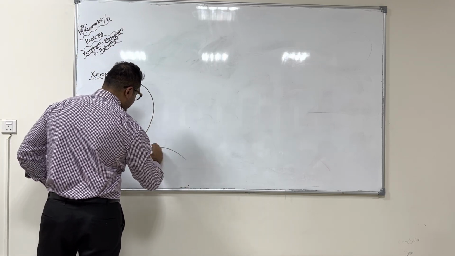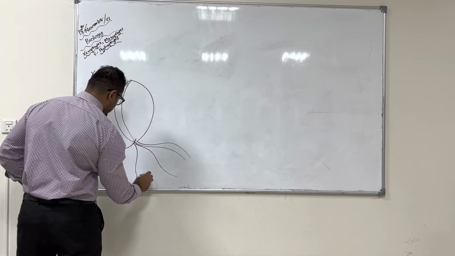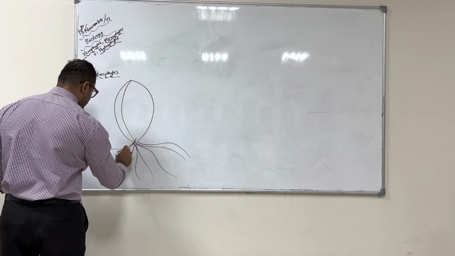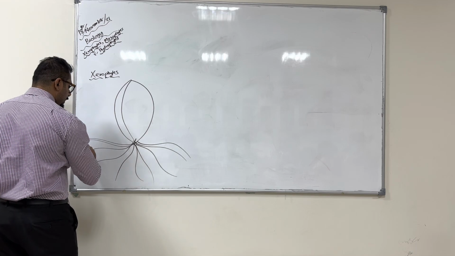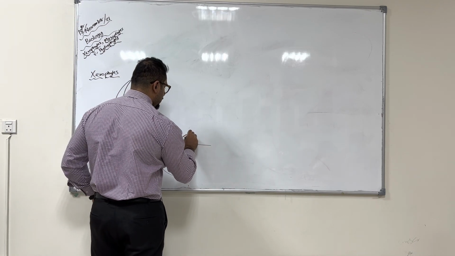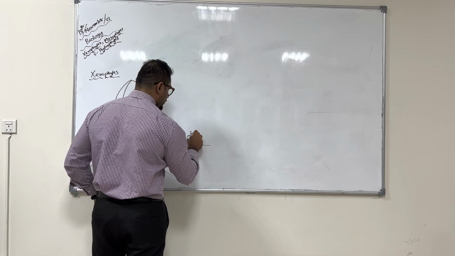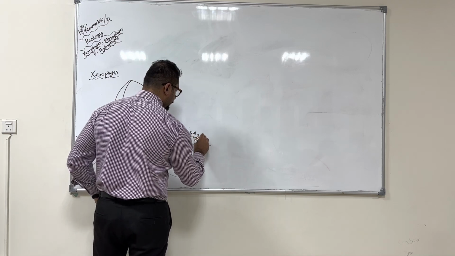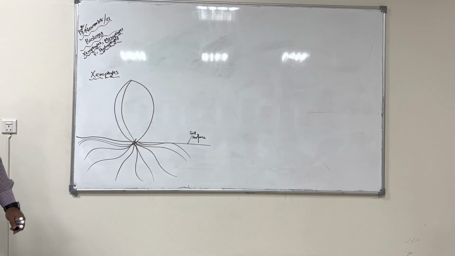Now let's suppose that this is a cactus plant, and this is the soil surface, right?